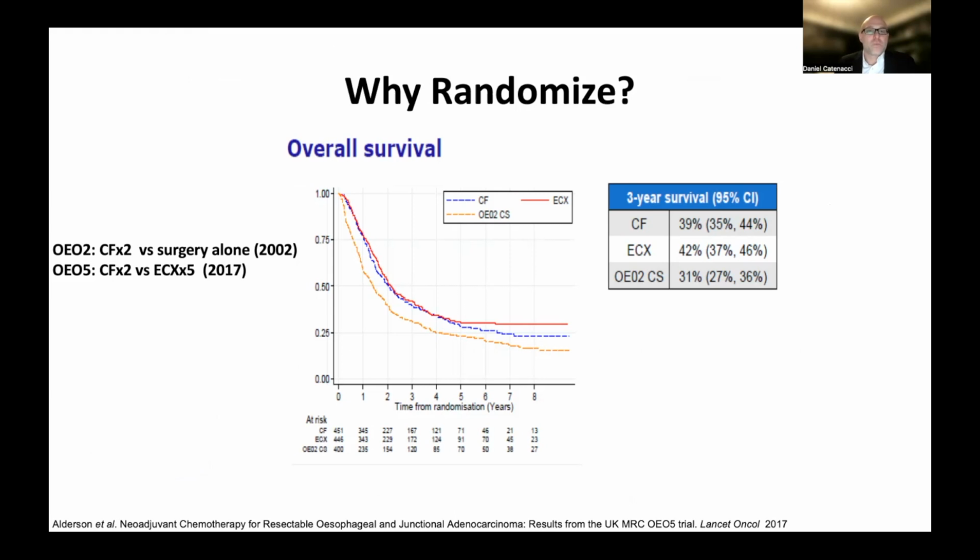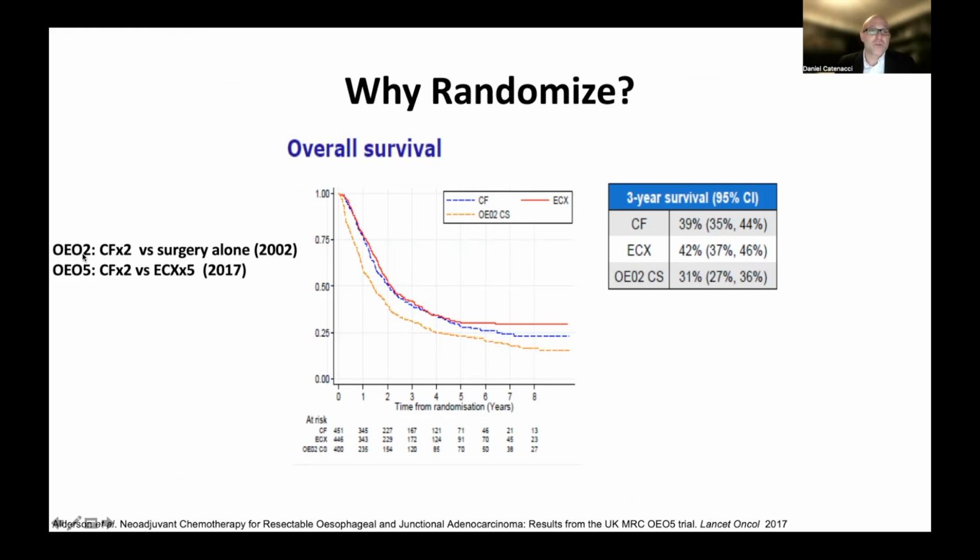So first, why do we randomize? This is to rule out patient selection as a reason for differences between outcomes. What we see here is a study called OEO2, an esophageal cancer study. In Britain, they have an O in front of esophagus, so all the British studies are OEO.